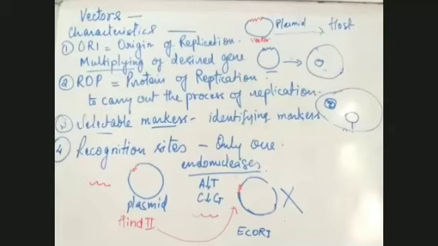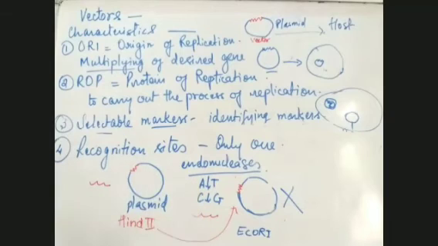So this is the recognition site. These are the sites where the endonucleases go and make a cut. Why are these known as restriction endonucleases? Because they cut at a specific point.